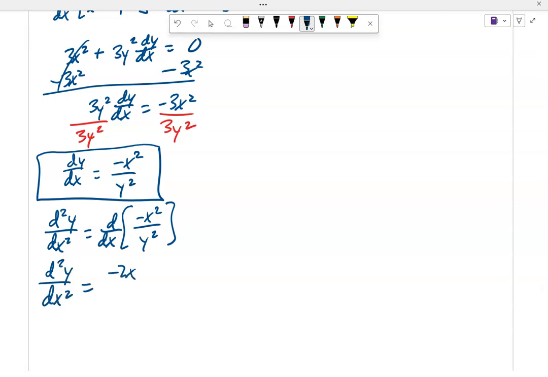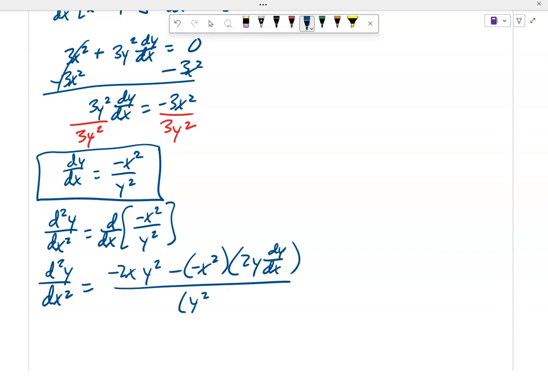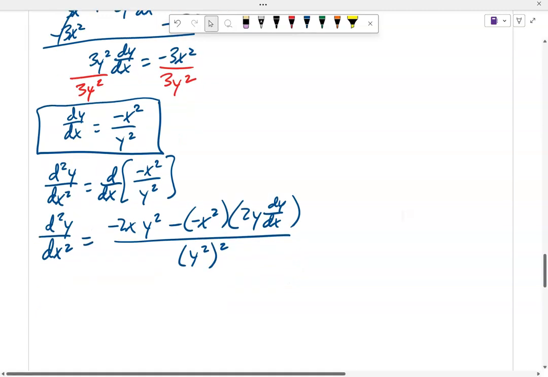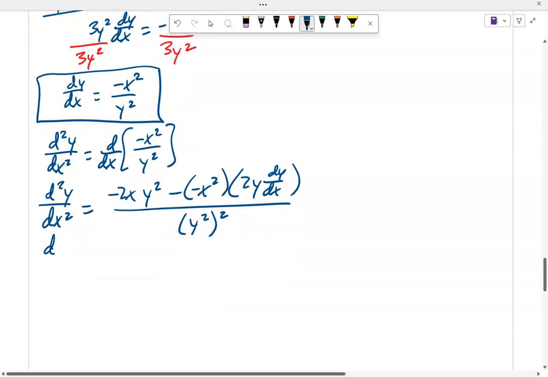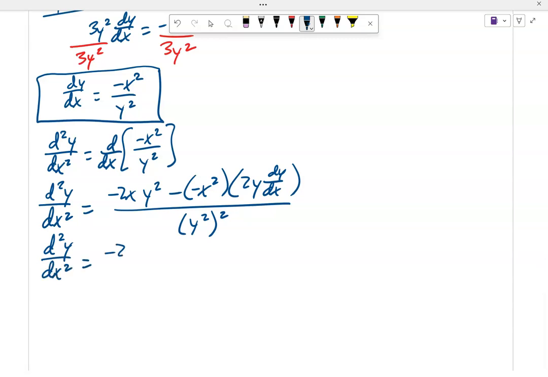Derivative of the top times the bottom minus the top times the derivative of the bottom, which would be 2y dy/dx. And this is all over bottom squared. So we've got the second derivative that ends up being negative 2xy squared plus 2x squared y dy/dx over y to the fourth.